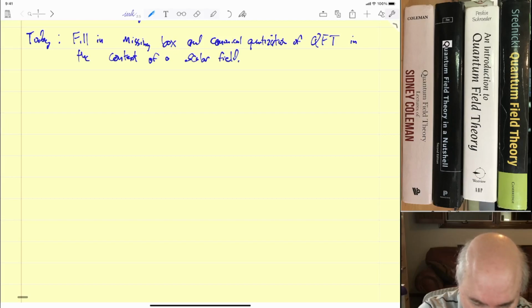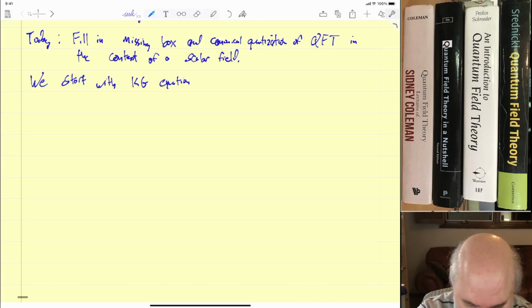So we start with the Klein-Gordon equation, which is a scalar. I'm going to do a real scalar here, a real scalar Lorentz invariant field.